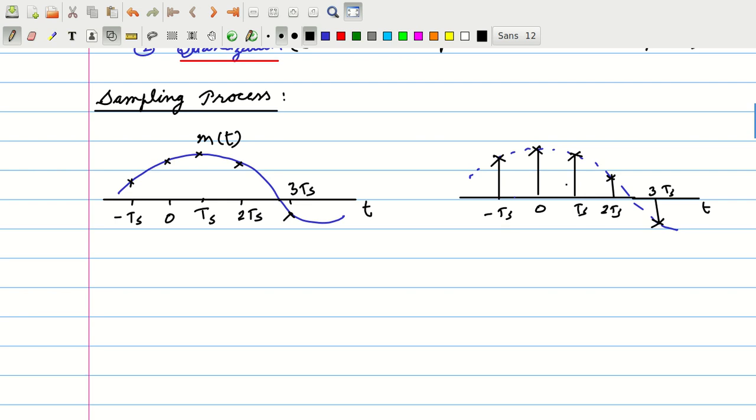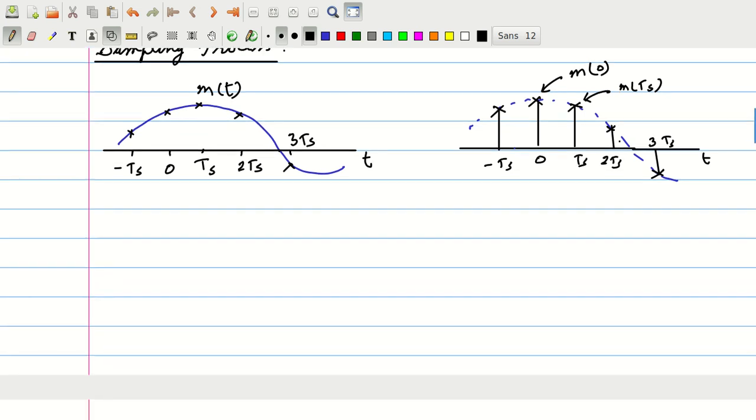This Ts is also called the sampling interval, and the sample values that we obtain are m of 0, m of Ts, m of 2 Ts, and so on. So how can we obtain such a representation of the original signal?